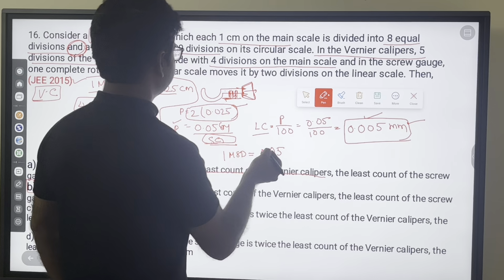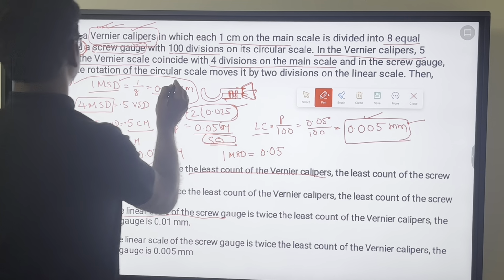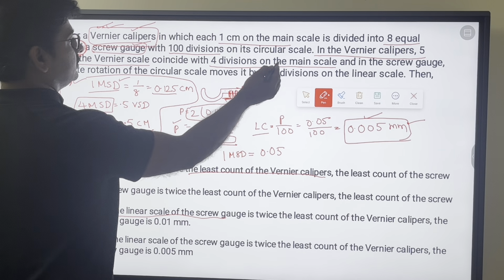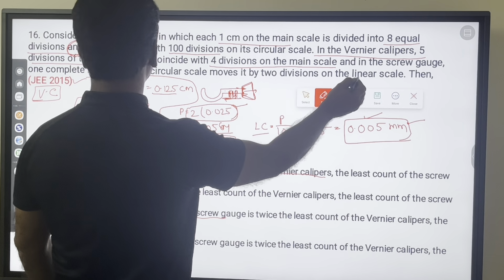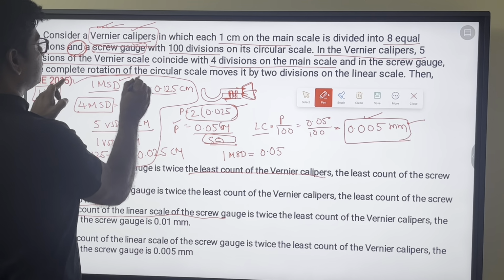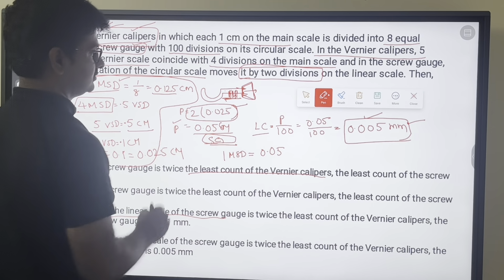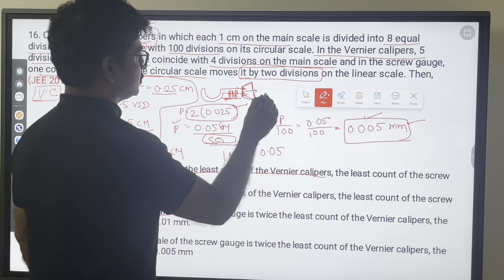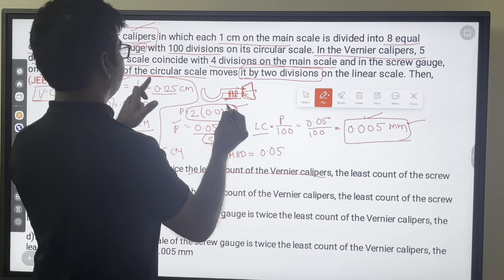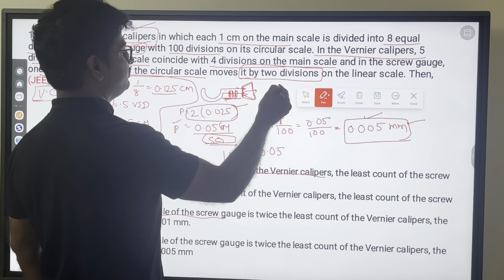So how much is this now? Here we have to establish the relation. What is given is that for one complete rotation of the circular scale, it moves by 2 divisions. So what is the pitch now? For one rotation, it advances by 2 divisions.